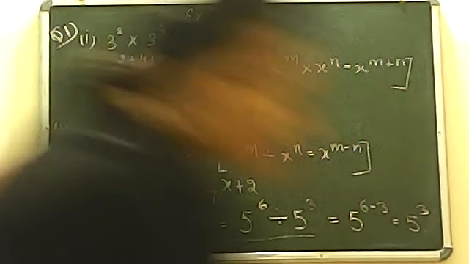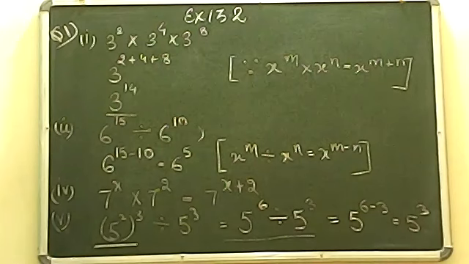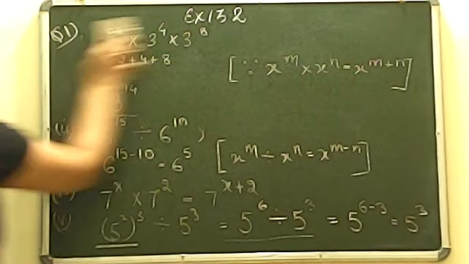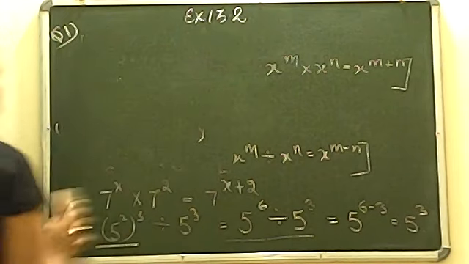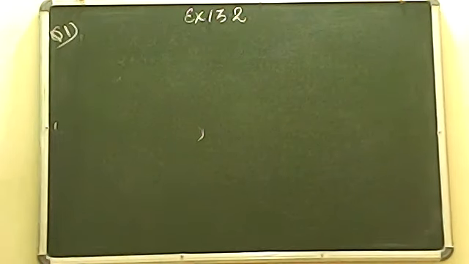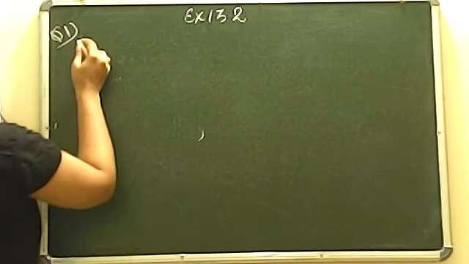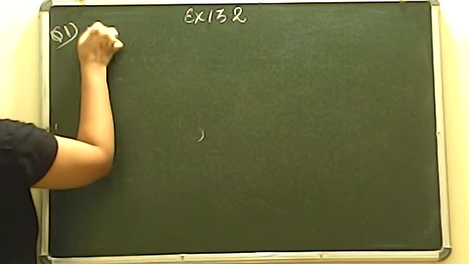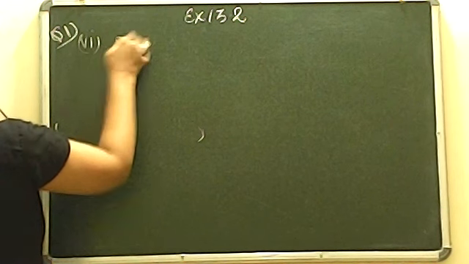Now till question number 5, have you understood? Okay, fine. So I am moving to the next question now. Next question we have is, yes, want to say something, beta? Please speak.